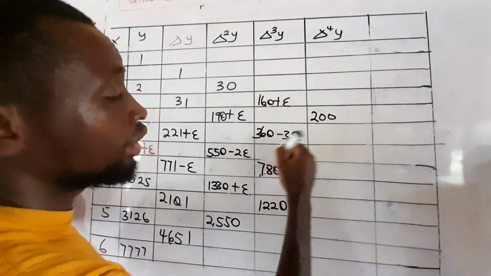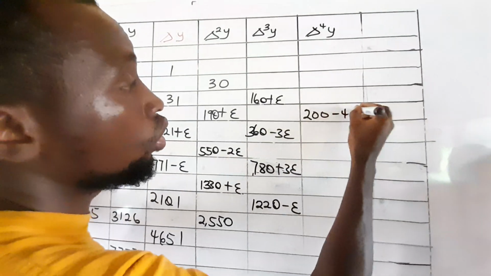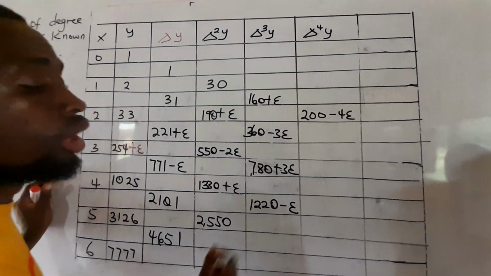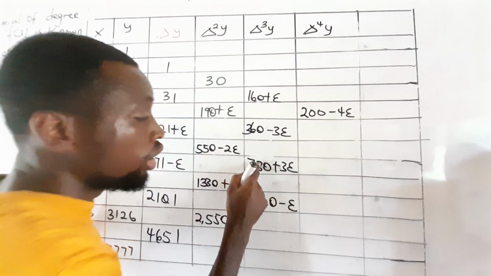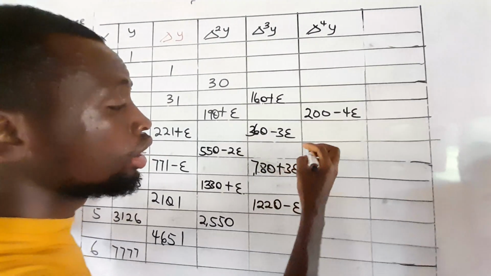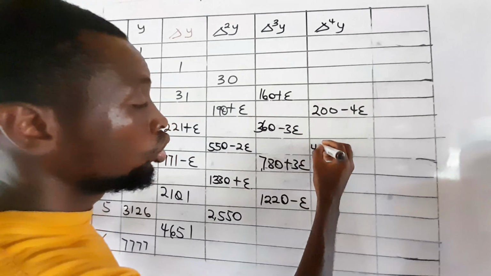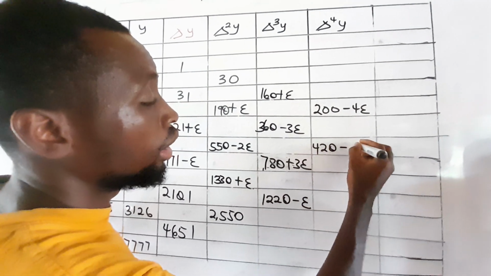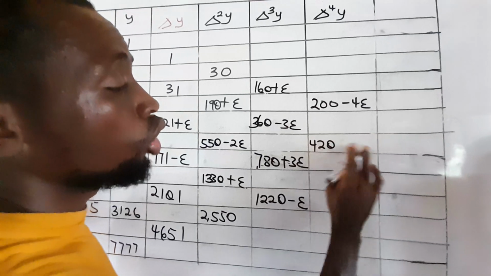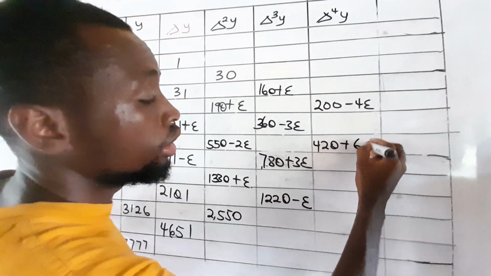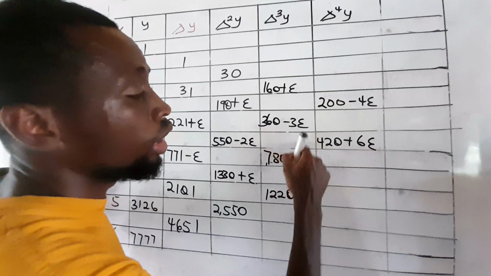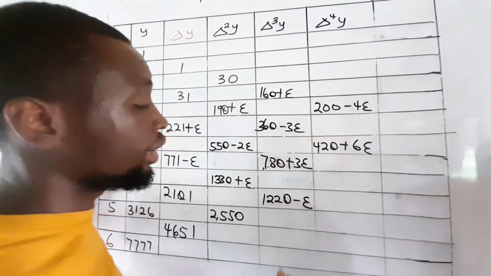Then minus 3 error minus error will be minus 4 error. Then this from this, that's 780 minus 360. We'll get 420 plus 6 error. That's 3 error minus negative 3 error. That will be plus 6 error.